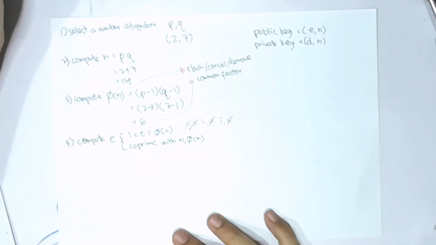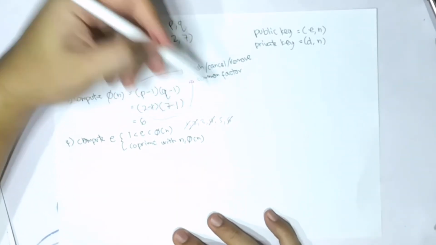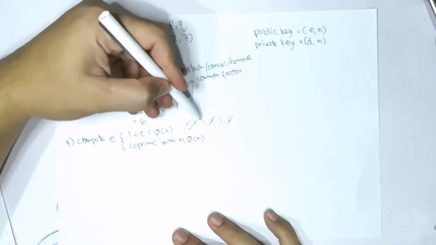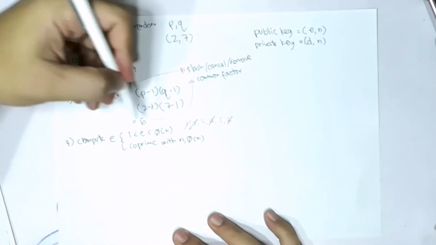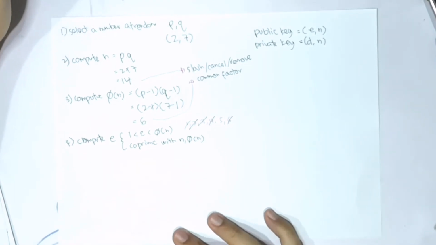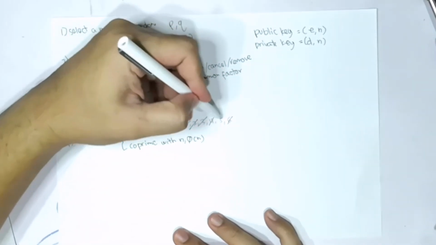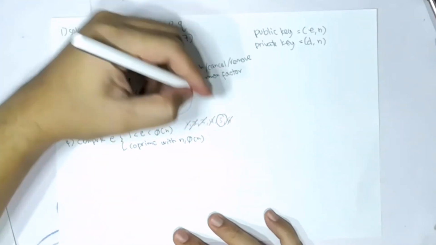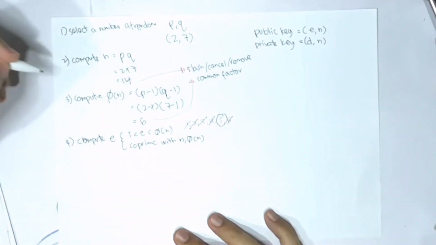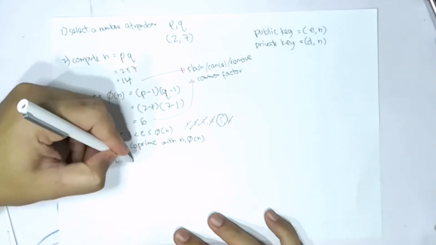So 2 and 4, so the remaining are 3 and 5. However, the common factor of 6 is 3, because 2 times 3 is 6. We can also remove it. So we have the last digit, which is the 5. So we will use 5 as E. So E equal to 5.